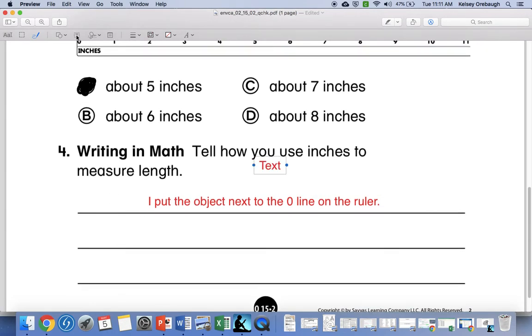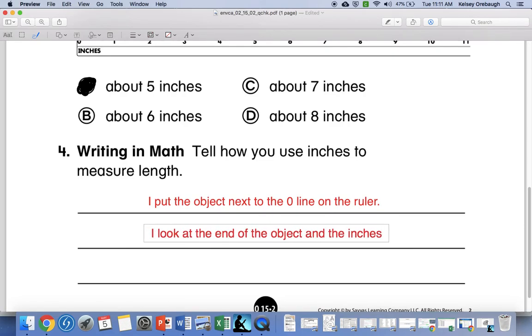So step number 2 would be to look at the end of the object, so the object that you're measuring, and the inches on the ruler.